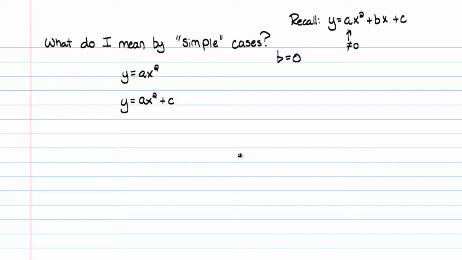I'll wait until a little bit later to talk more in detail about shifts, translations, and reflections, and stretches, and compressions. But in this video, we're going to take our time going through just what does a number or a coefficient on x squared mean, and what does that c do to the picture as well. And then in the next video is the one I really want everyone to watch. It's the best way to graph a parabola, or a quadratic equation, really.